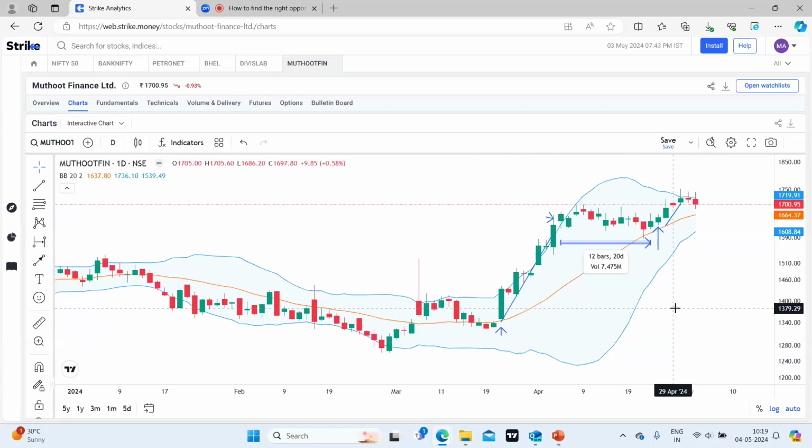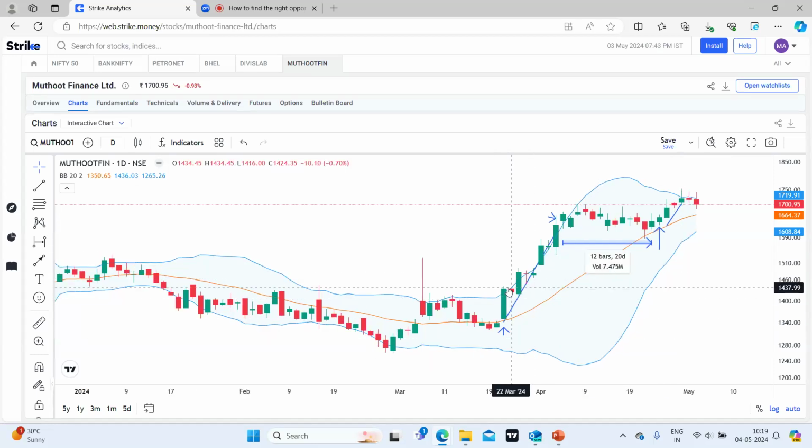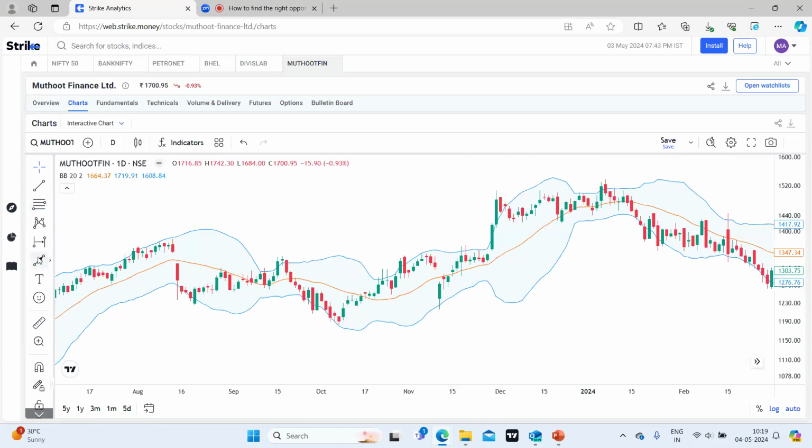Now mostly people use this Bollinger Band for identifying overbought and oversold conditions. Like they will say that whenever the price hits the upper band, then the price goes into consolidation, right?